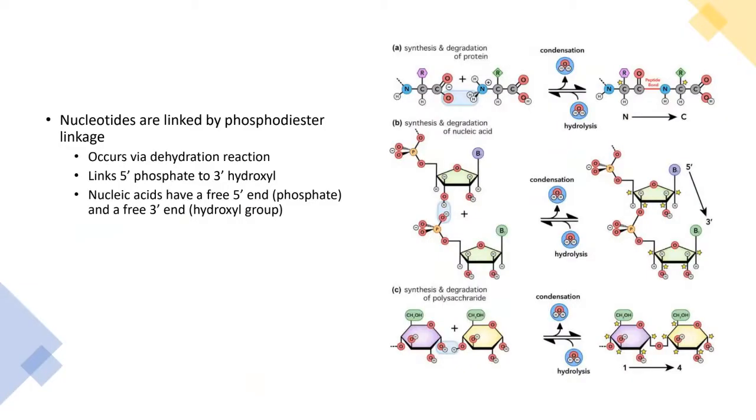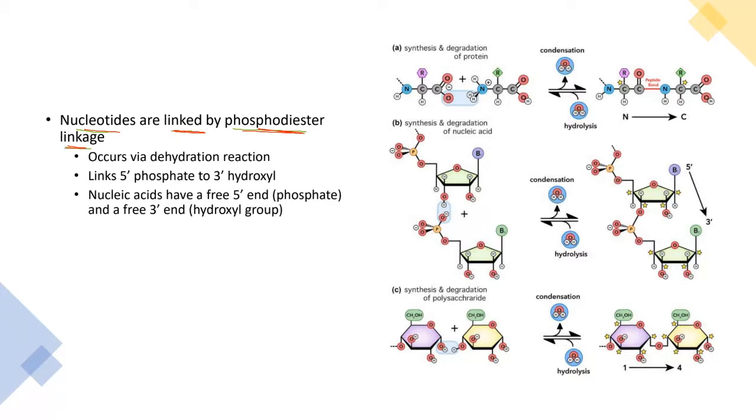Let's get a bunch of monomers, a bunch of nucleotides, together and make a nucleic acid, a polymer. How do we do that? Same thing as we've been doing over and over, right? Nucleotides are linked by phosphodiester linkages. It occurs by what?